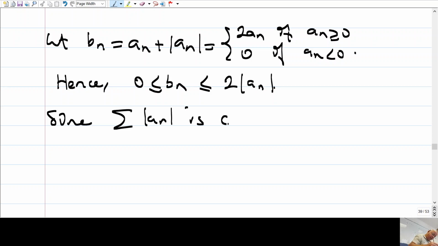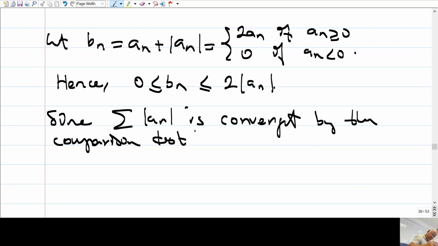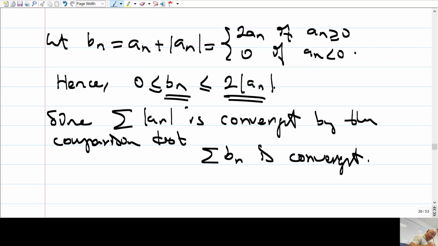Well, the series of the absolute values of an is convergent by assumption, so 2 times that is convergent. By the comparison test, since bn is a nonnegative sequence less than this convergent series, the series bn is convergent.